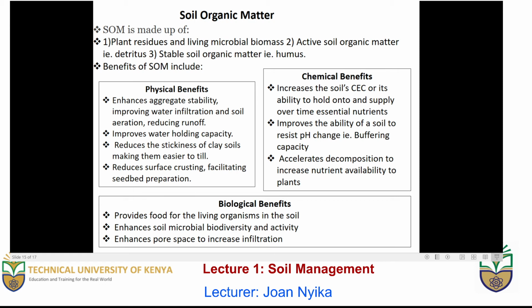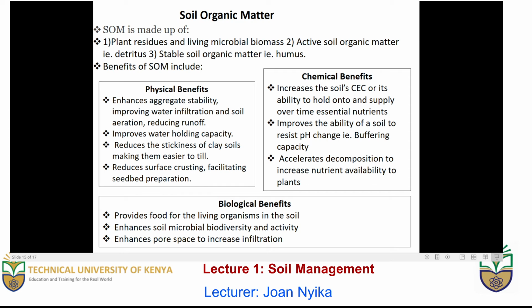It has various benefits to the soil. These could be physical, chemical or biological. Physically, soil organic matter enhances the stability of soil by improving the ability of water to pass through and the amount of soil air that is available during plant growth.